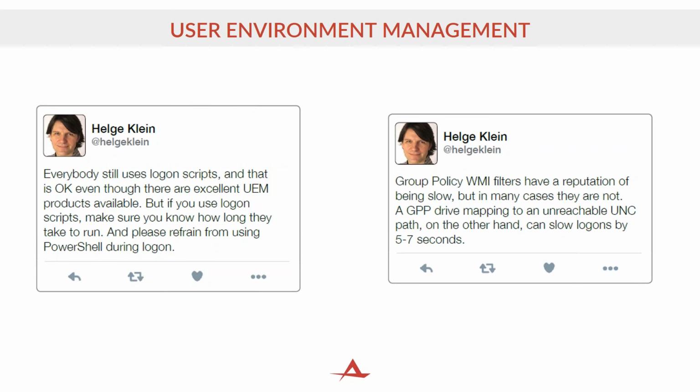What you should be aware of is that item level targeting works per item. So for example, if you want to, let's say, position 50 different icons on the user's desktop, depending on group membership, you will have to configure 50 different item level targeting entries.